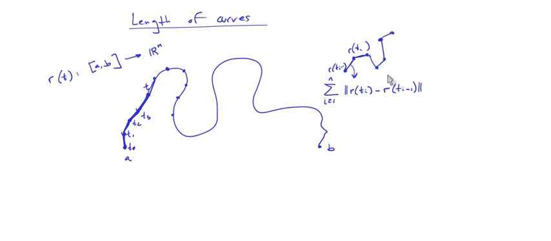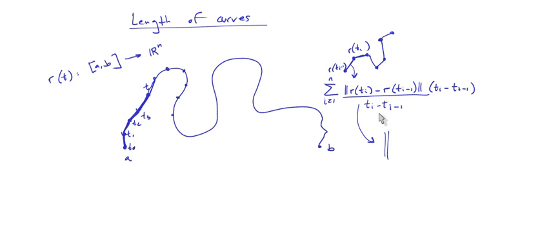Now how do we get a formula out of this instead of just writing this approximation? Well, we want something that has ti minus ti minus 1 so that we can integrate this function t from a to b. In order to have this, the easiest way is to just multiply and divide by it. But then we have this thing here, which is the norm.